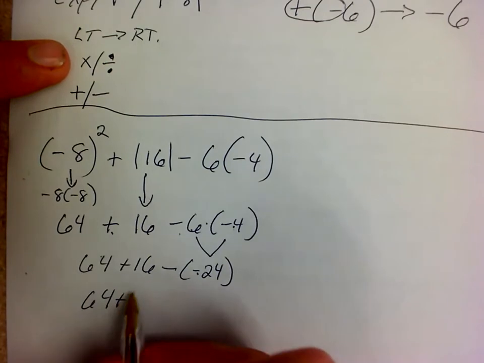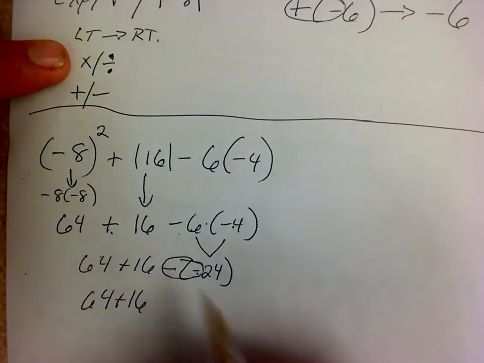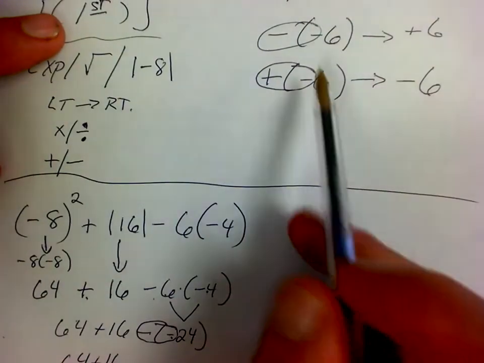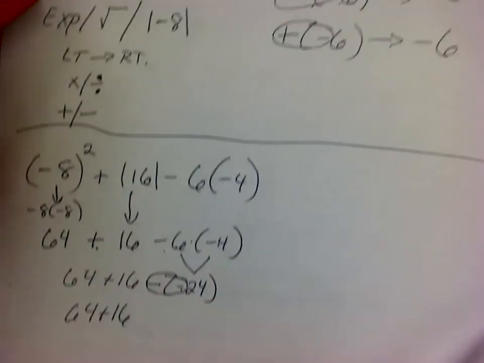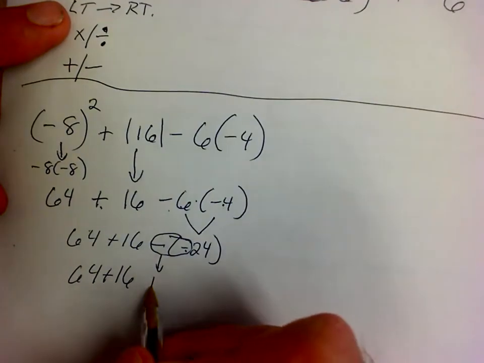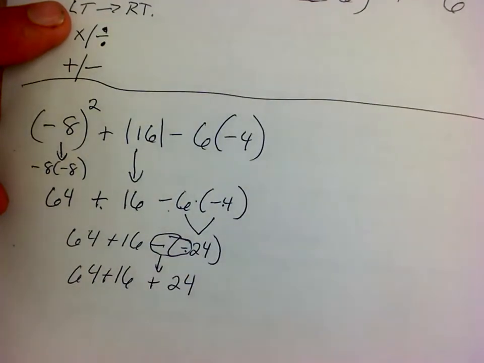So again, carry on. Notice here's exactly the situation we were talking about up above, where we have a double negative, a minus minus. We can simplify that to just one plus sign.